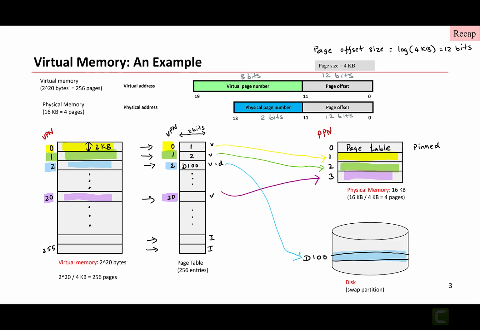A page table is nothing but a data structure that contains a mapping between a virtual address and the corresponding physical address. Every process has its own page table, and that's how the operating system makes sure to isolate the addresses of different processes. So one process cannot access the physical memory that has been allocated to a different process.